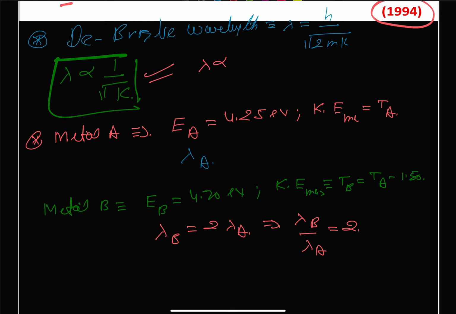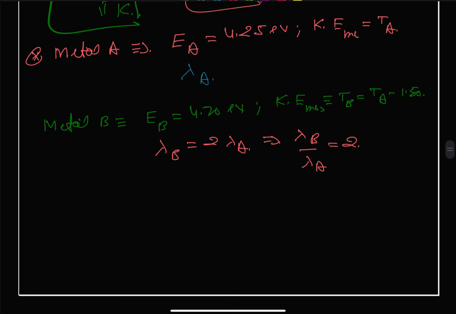Lambda is inversely proportional to square root of T. So lambda A will be equal to 1 upon square root of TA, and this ratio will be equal to square root of TA divided by TB. So we get that TA upon TB is equal to 4, giving us TB is equal to TA divided by 4.